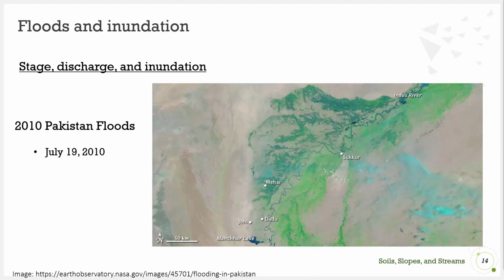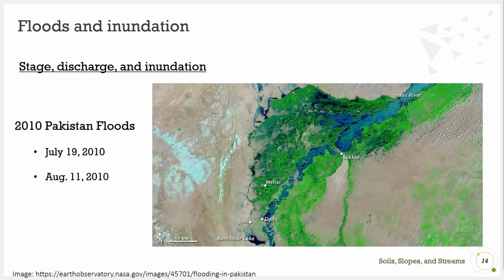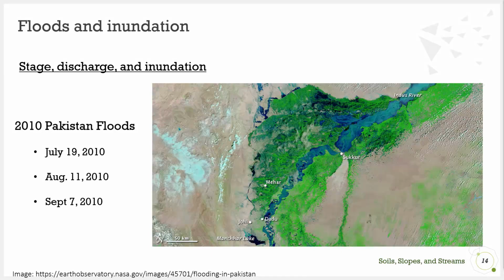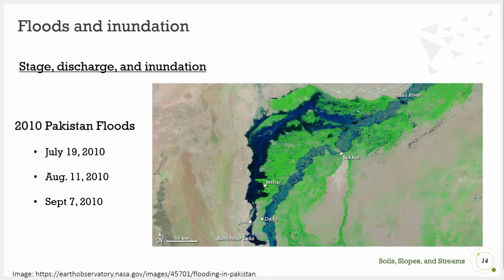Watch as the river floods and waters cover tens of kilometers and waters inundate even further. This image from September shows the amount of flooding at the end of the rains. These waters persisted for months in some places, further hindering recovery.